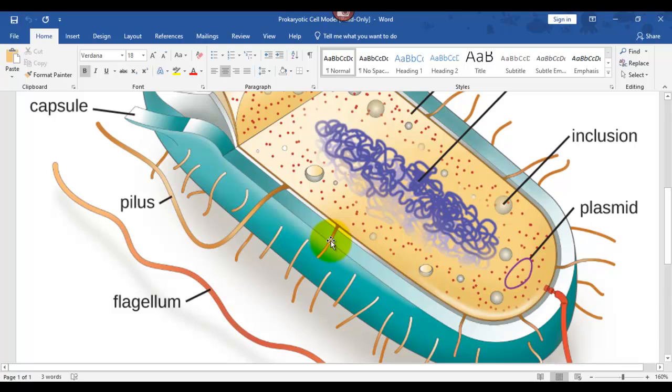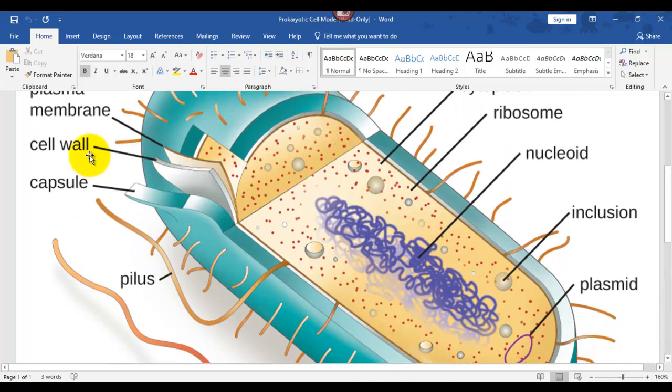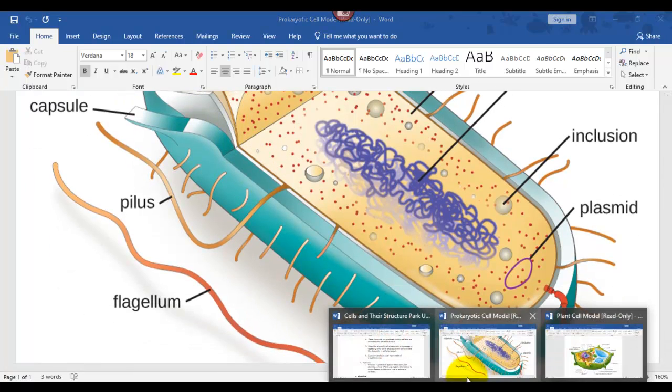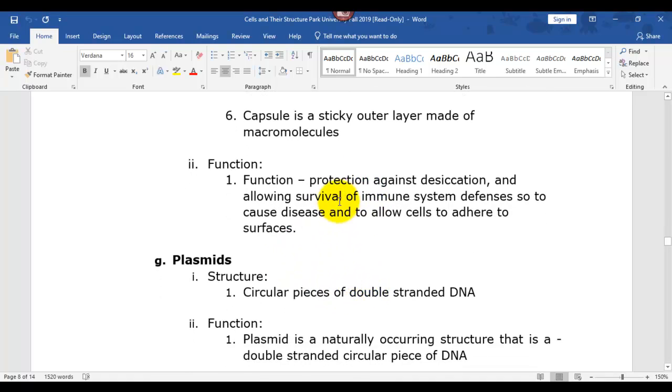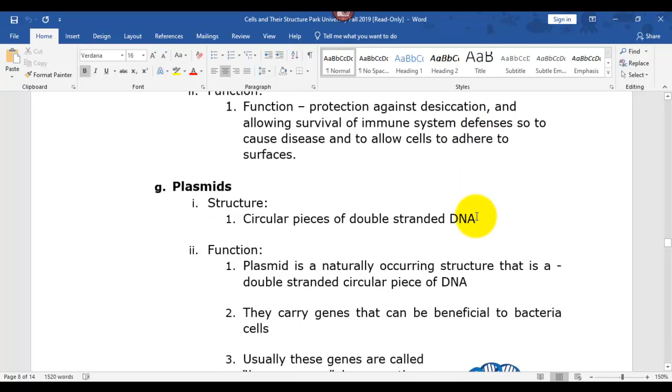And like I was saying, most pathogenic bacteria, like staphylococcus, staph infections, have a capsule. The immune system has a harder time breaking down these cells if they have a capsule. So that's kind of unique to prokaryotic cells. Protection against desiccation, which means drying out, allows survival against immune system defenses, and allows cells to adhere to a surface so they can stick to it.